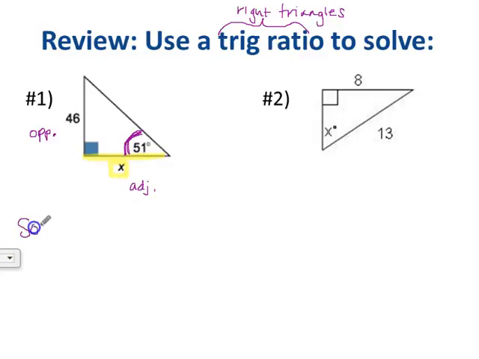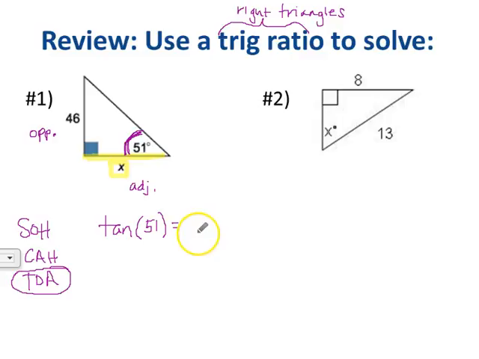So we've got SOHCAHTOA that's going to help us figure out which trig ratio. We are given the opposite and the adjacent, so that means we're going to use TOA, which is tangent. So we're going to say the tangent of the angle measurement equals the opposite, which is 46, over the adjacent, which is x. So how do I solve that?